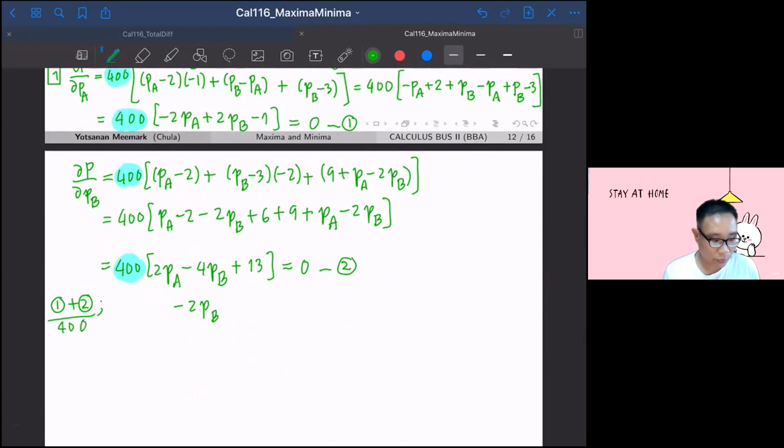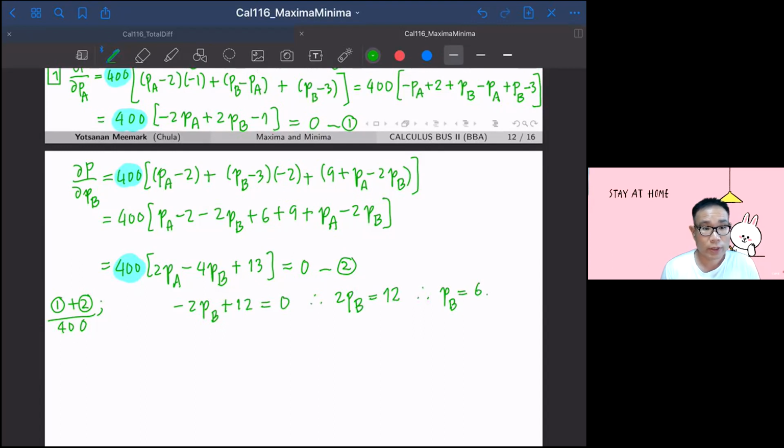In this case you're going to get negative 2PB plus 12 equal to 0. So 2PB equal to 12, and you get PB equal to 6. So you have PB equal to 6.